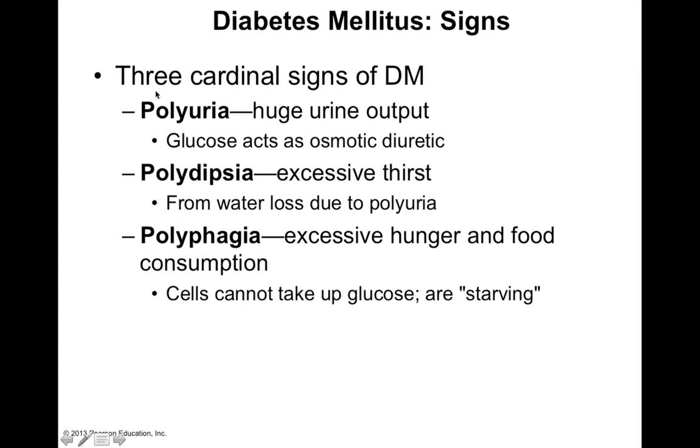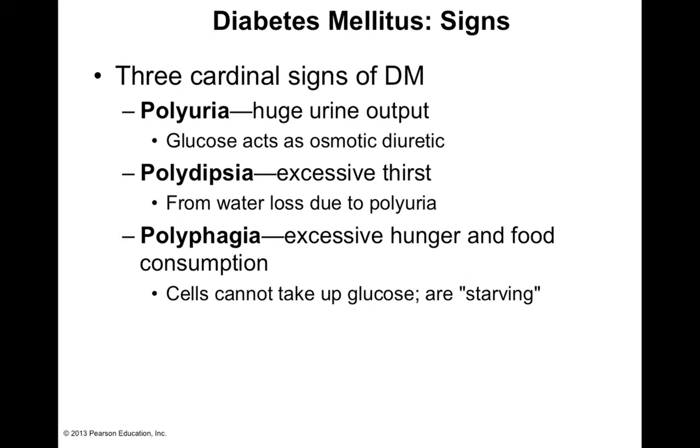The reason why individuals with diabetes have polyuria is that glucose acts as an osmotic diuretic, meaning that if you have high glucose levels in your blood, ultimately glucose may be found in high concentration in your urine.